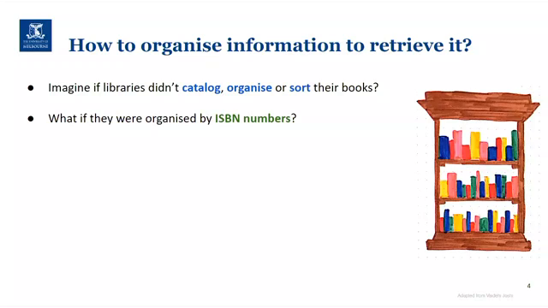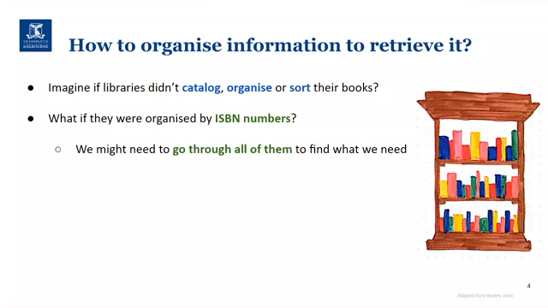ISBN is a unique identifier assigned to each published book. Let's say you have a bookshelf organized by ISBN, and you have a book title. How are you going to find it? You potentially need to go through every single book to find the information you need, and that's just not going to cope. So that's not efficient enough.